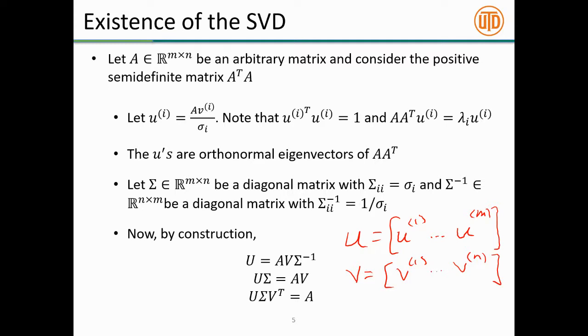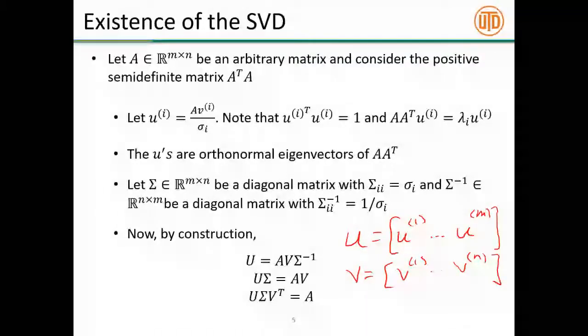Now, again, we made the assumption that V was full dimensional. So there'll be a little bit of a mismatch between the dimensions of these things. If V was full dimensional, it means that we'll be missing some u's because of the sizing of things.